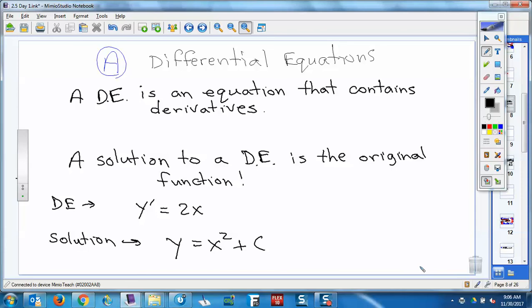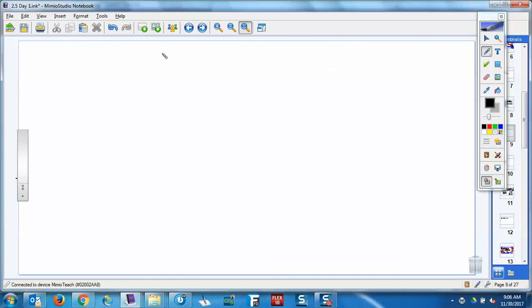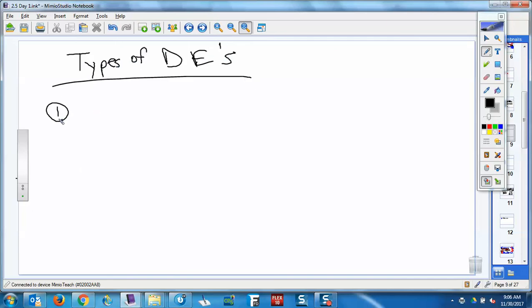Okay, so let's categorize these differential equations. Okay, so types of differential equations. These are just my types. These are my classifications. One is, probably should use the word simple.